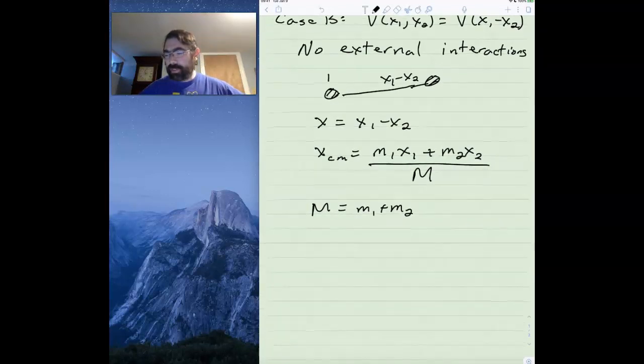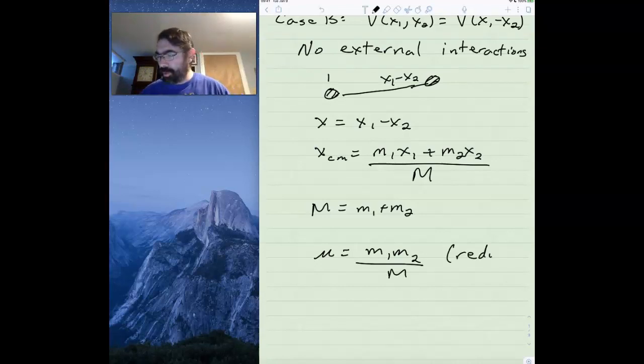We can also write another type of mass called the reduced mass, which is the product of the two masses divided by the total. Like I said, we're going from two coordinates to two coordinates. We're just going to write them in a more convenient set of coordinates, which we'll see in a minute how that helps us.